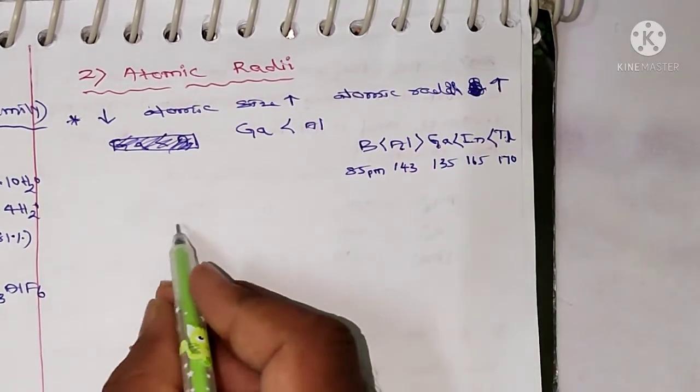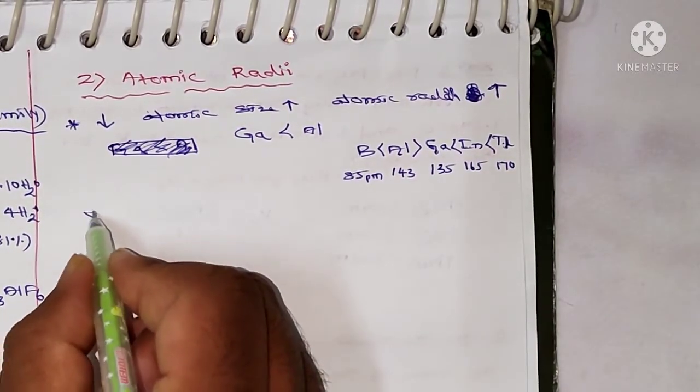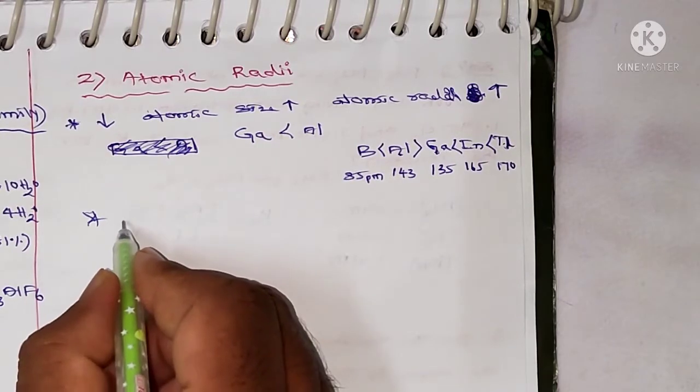The reason is the poor shielding or screening effect of d orbitals.